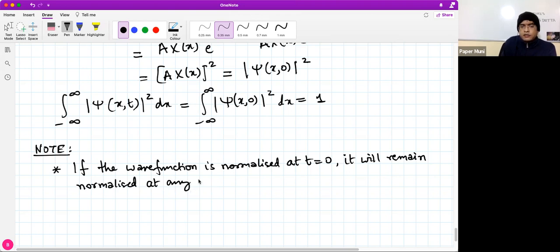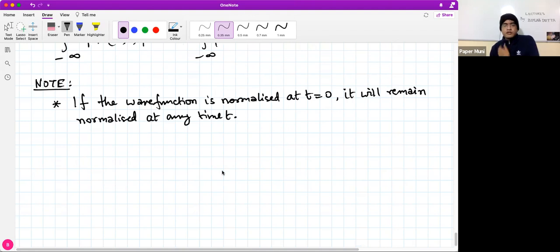If you want to check whether the wave function at time t is normalized or not, and it is already normalized at t equal to 0, it will remain normalized forever. You don't need to worry about it.